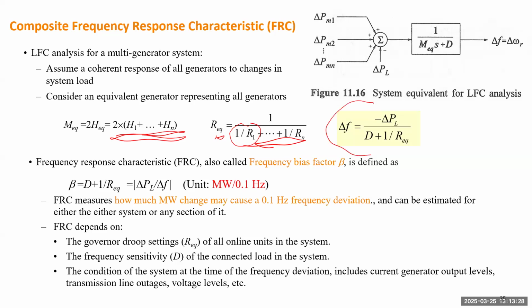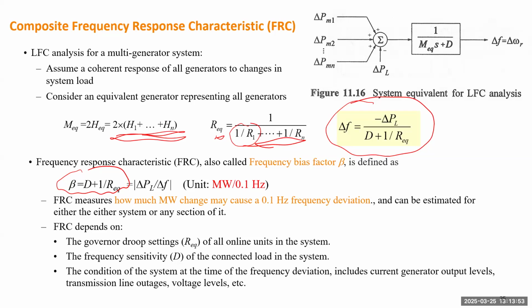And this formula is still correct. The total frequency deviation in the steady state condition is still equal to the negative change of the load divided by this factor. This factor we just define as the beta factor. A beta factor has the unit of megawatt per 0.1 Hertz. Why don't we use 1 Hertz?